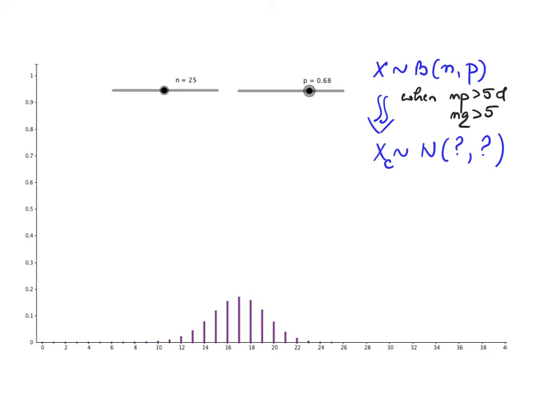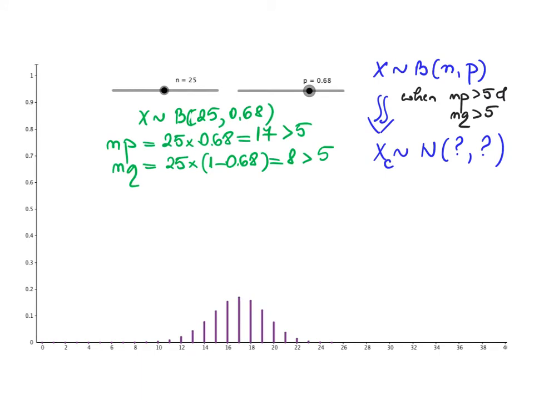Let me check in my case here if the conditions are met. As you see, np, 25 times 0.68, is 17, bigger than 5, and then q, 25 times 1 minus 0.68, is 8, which is bigger than 5. So the conditions are met for an estimation. In the exam, you need to write this, and you need to write that the number is bigger than 5. That's your reasoning. Otherwise, if you just leave the number, nobody will see that you actually know what you are looking for.